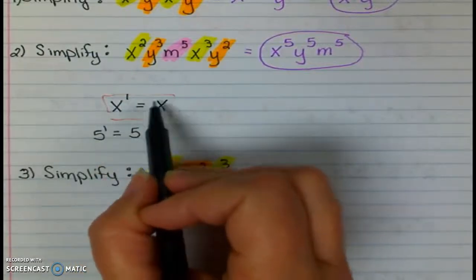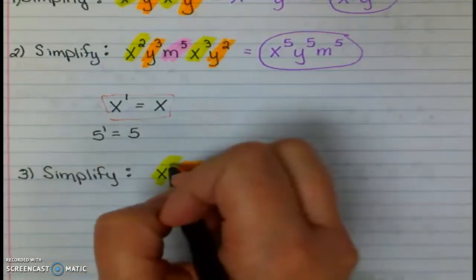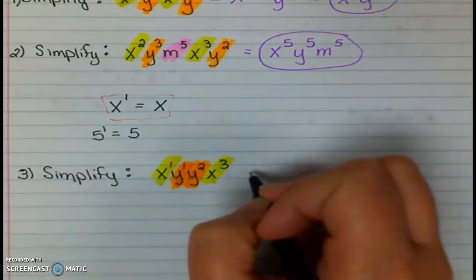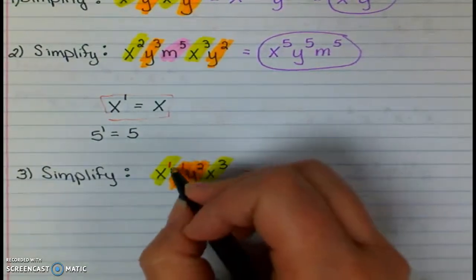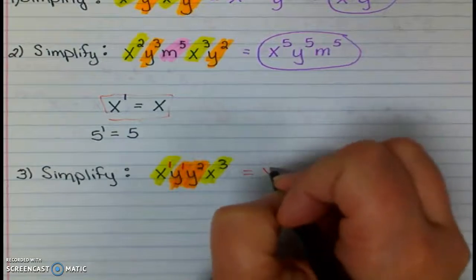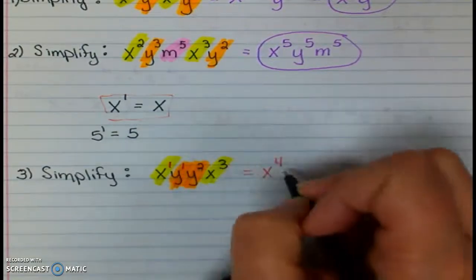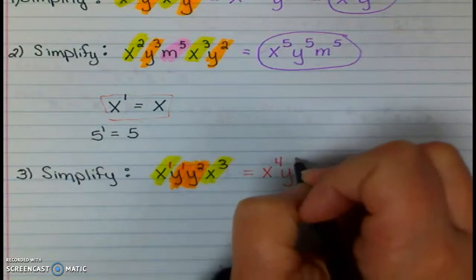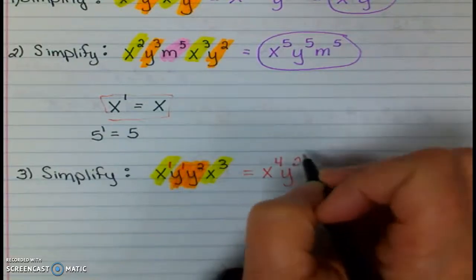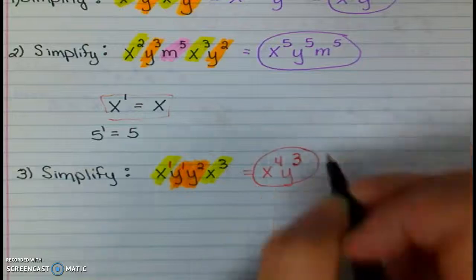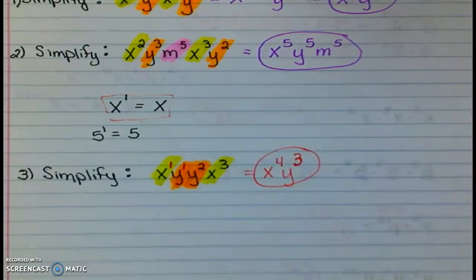If it is just x, that means the same thing as x to the first. So this is understood to be 1s right here. So if we add the exponents together, 1 plus 3 makes this x to the 4th power, and 1 plus 2 makes your other factor y to the 3rd power. So your simplified answer is x to the 4th, y to the 3rd power.